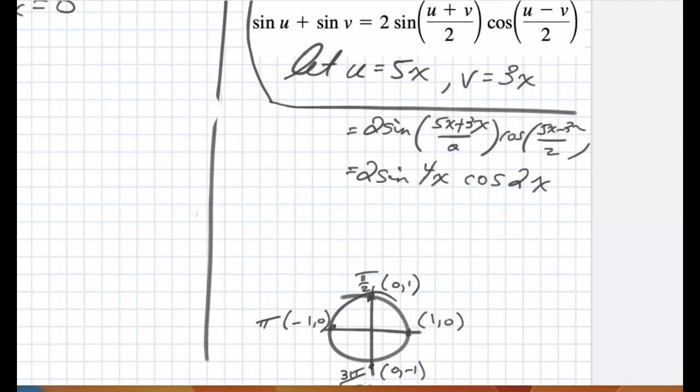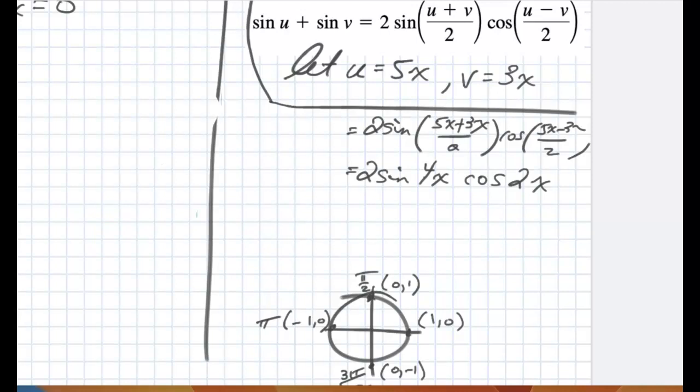Okay, so if we're working with this in our sum to product formula with u and v as 5x and 3x, then we can substitute into our formula and simplify. 5x plus 3x is 8x, over 2 makes 4x, and then 5x minus 3x makes 2x, over 2 makes just the single x.